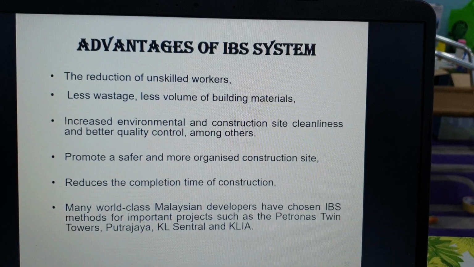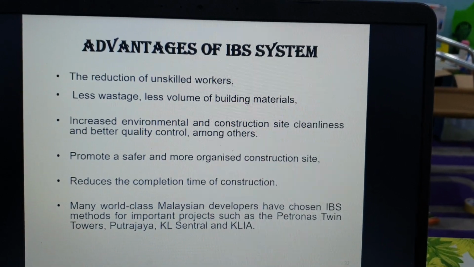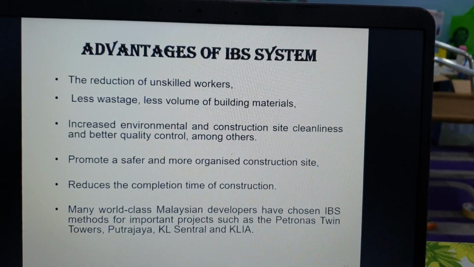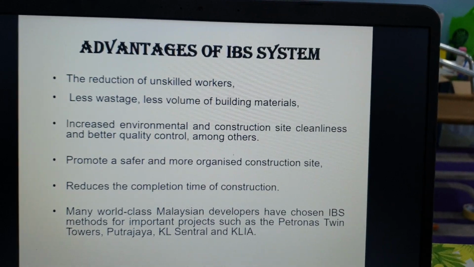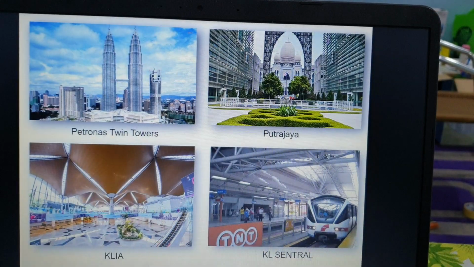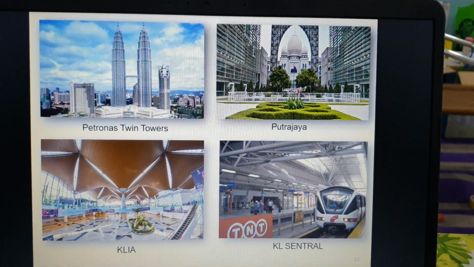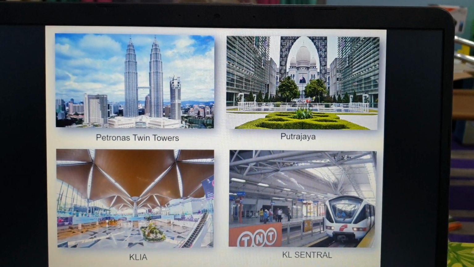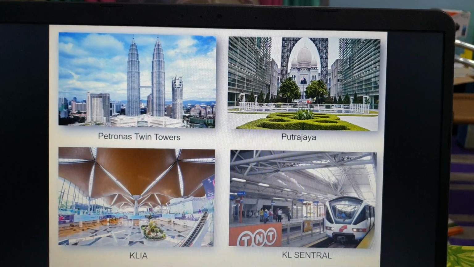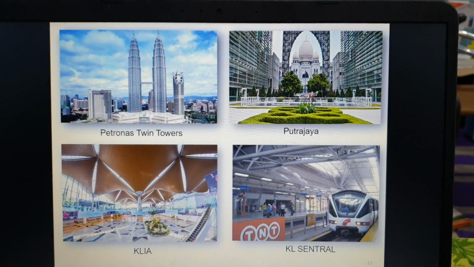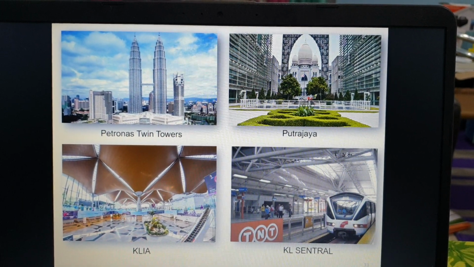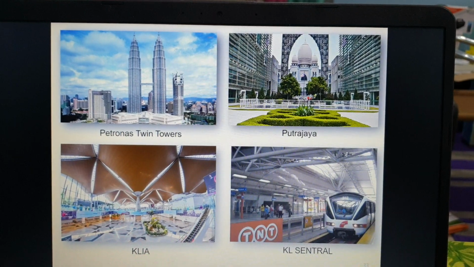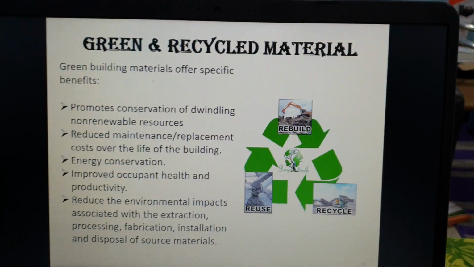Many world-class Malaysian developers have chosen the IBS method for important projects such as Petronas Twin Towers, Putrajaya, KL Central and KLIA. These are constructions that are already finished, and we already use them in our daily lives.